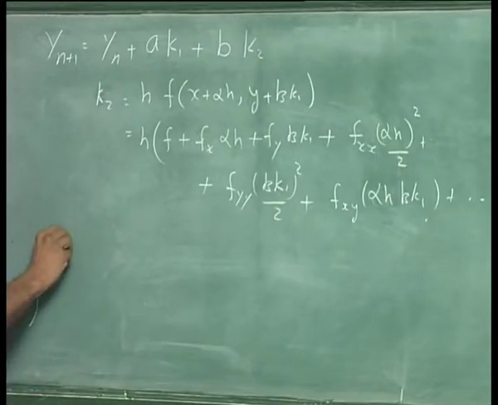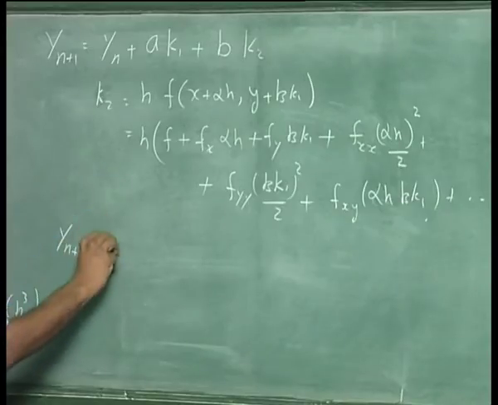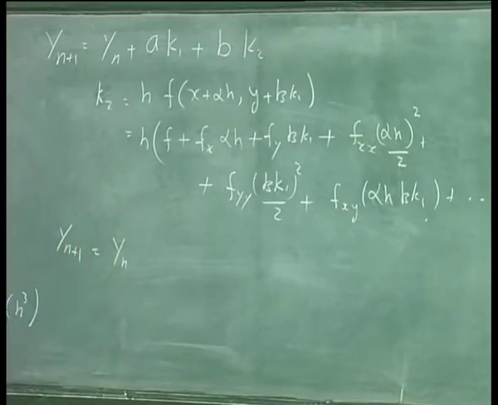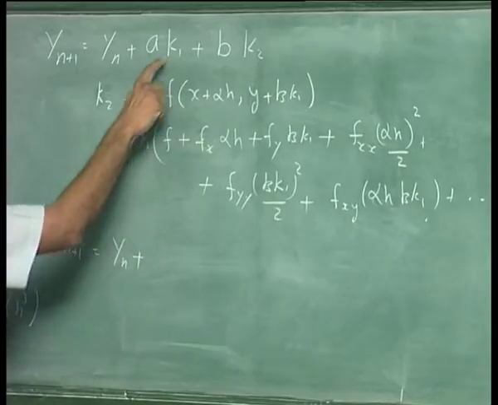So then I will get yn plus 1, now from this as yn, and plus a k1 is just f.